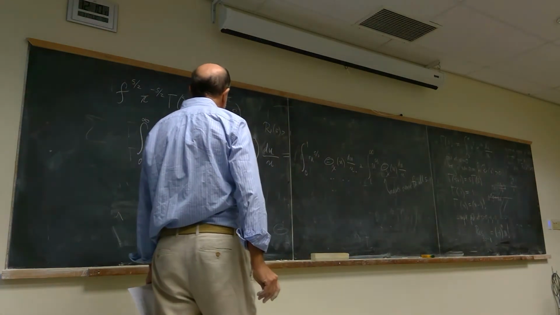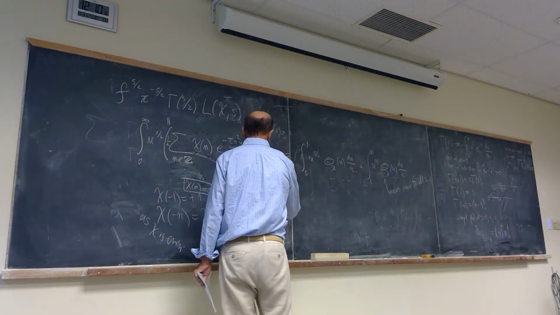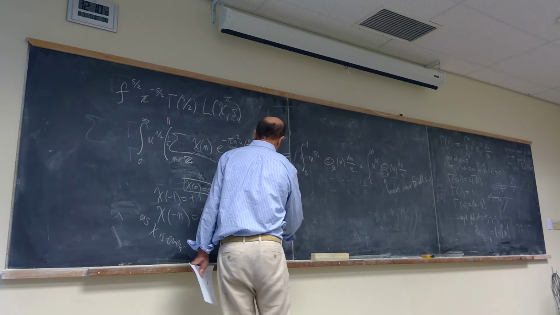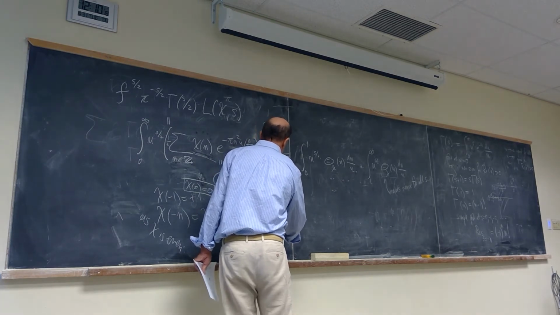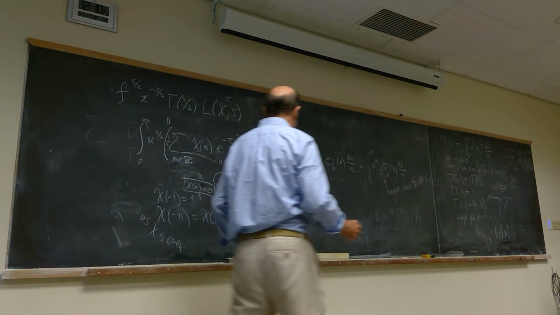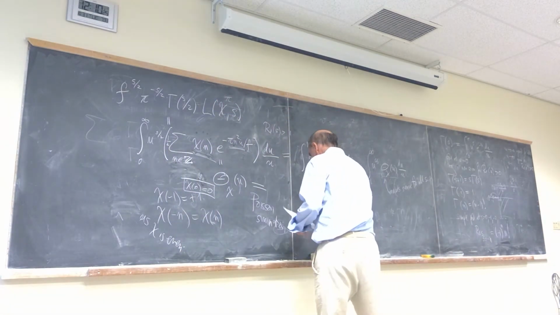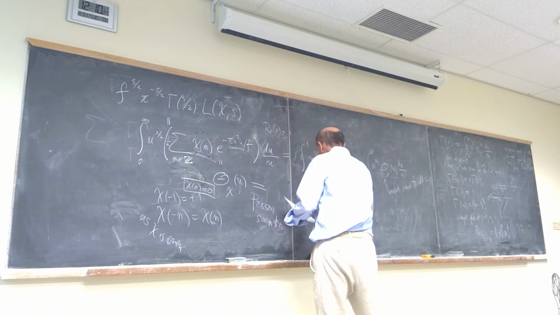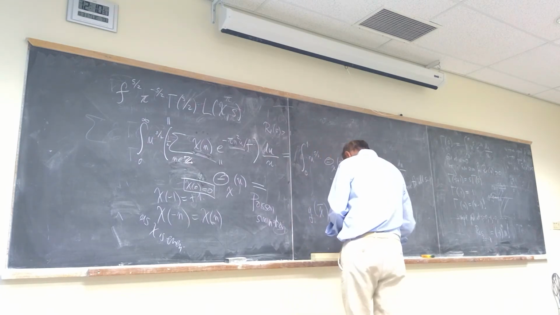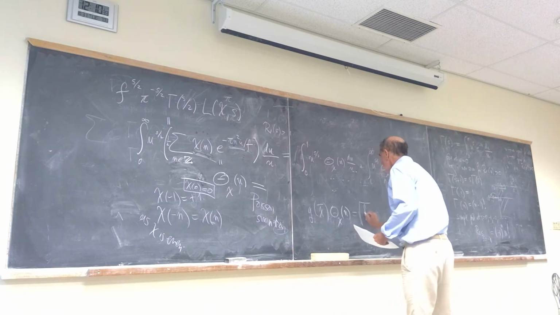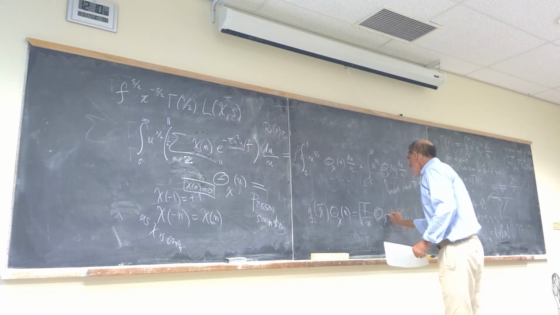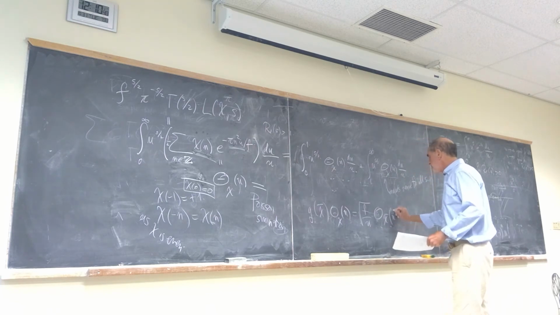Okay, but now he uses Poisson summation, in the form that I gave you, and I leave it as an exercise for you to prove the following: to show that G of chi bar times theta chi of u is equal to the square root of f over u theta chi bar of u inverse.